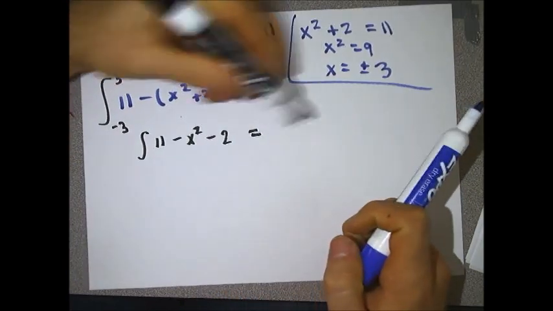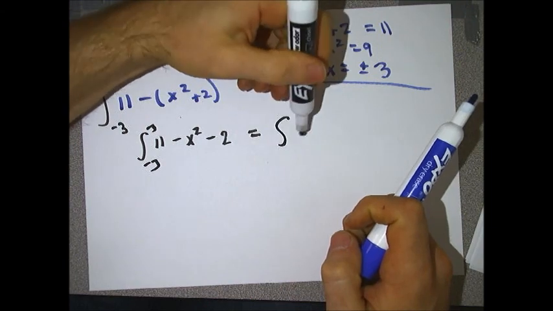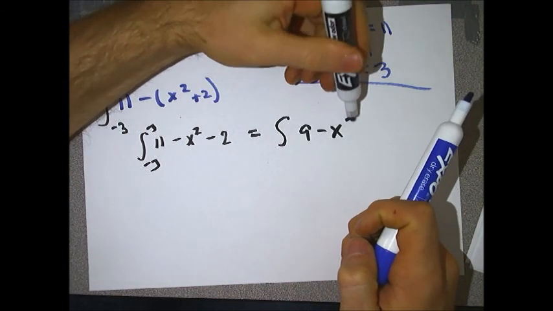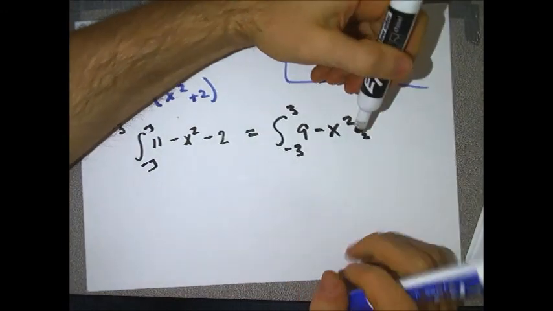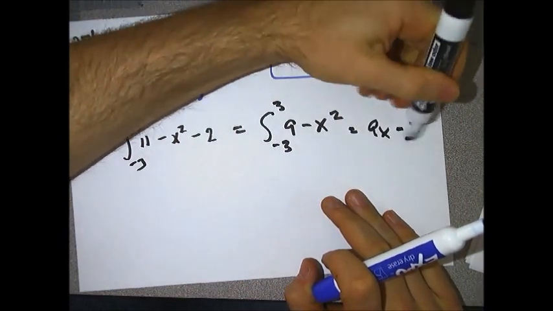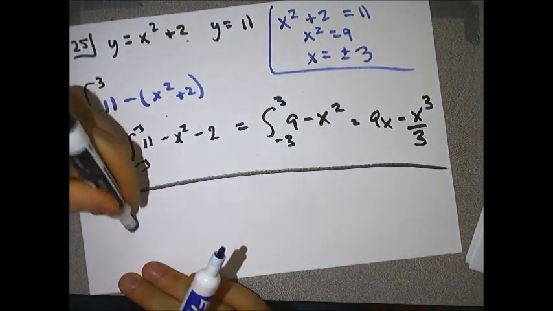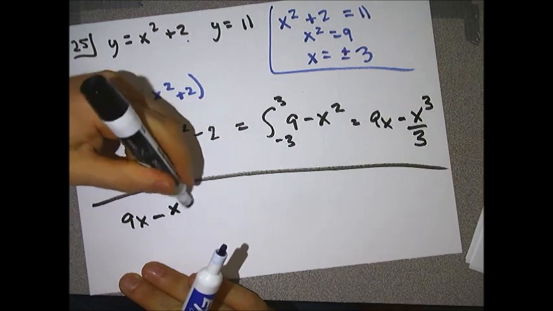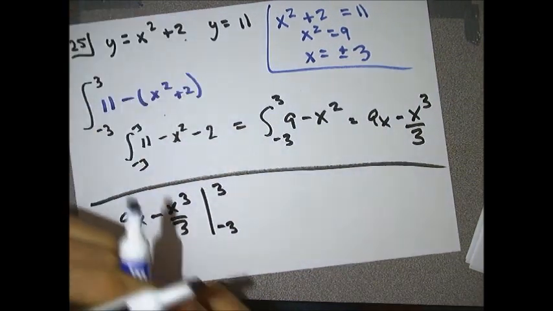And we can still say that 11 minus 2 is 9, so it's the integral of 9 minus x squared from negative 3 to 3. When you integrate this, 9 goes to 9x minus x to the third over 3. So we have 9x minus x to the third over 3 from negative 3 to 3.